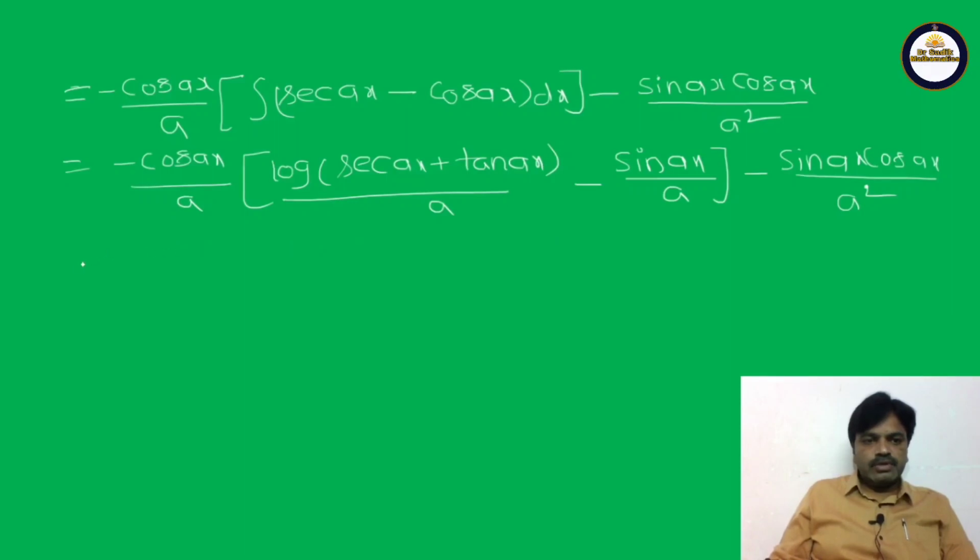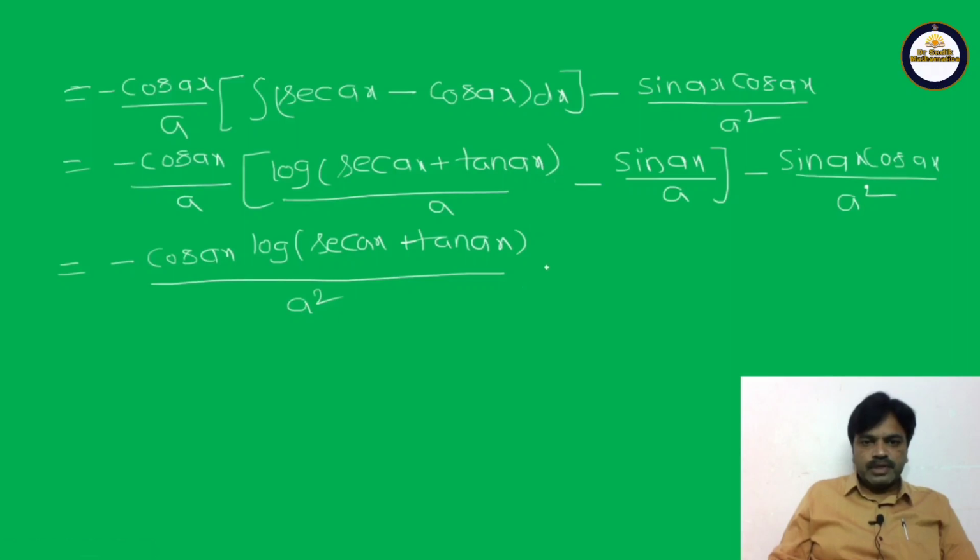So that is equal to, simply multiply, we get here minus cos ax log of secant ax plus tan ax divided by a into a square, minus into minus plus cos ax sin ax by a square.